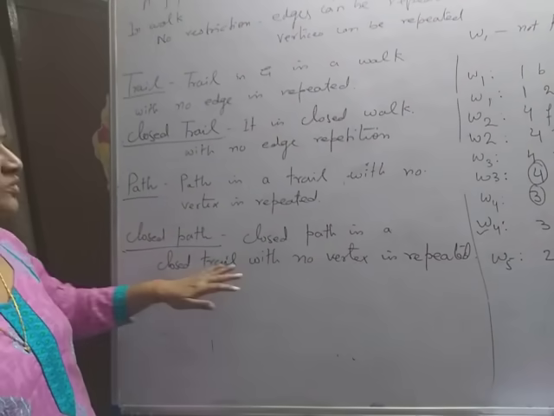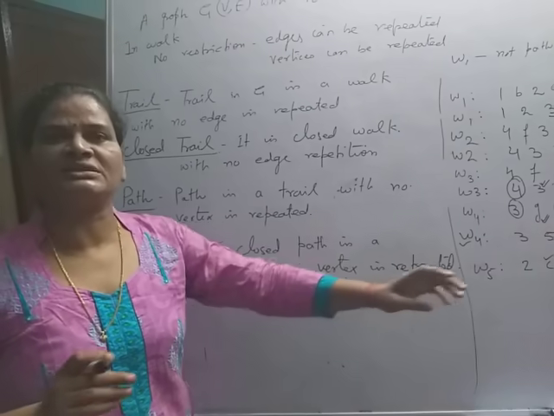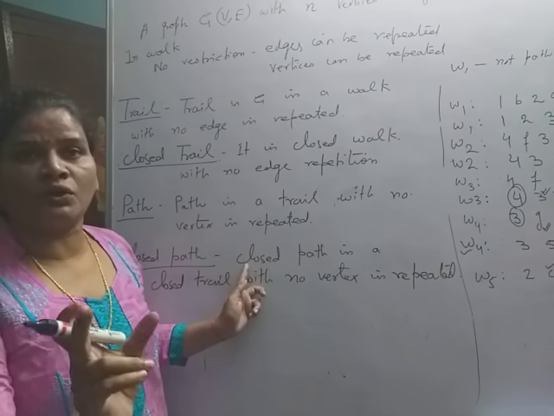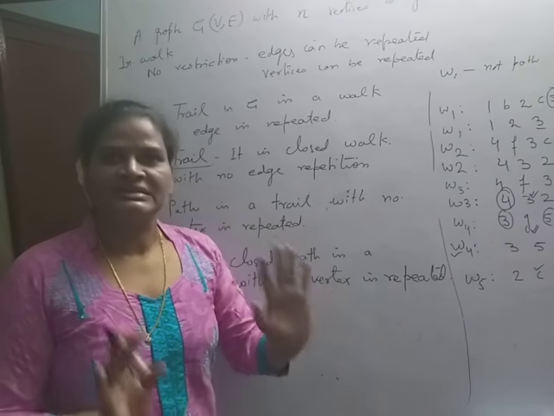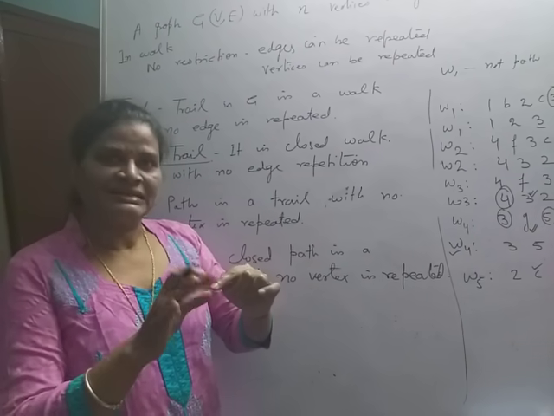Closed path means no vertex is repeated, as it is a path. Path means all the vertices are distinct. But wherever there is the word closed, it means the first vertex and the last vertex are the same. It starts from a vertex and ends at the same vertex.